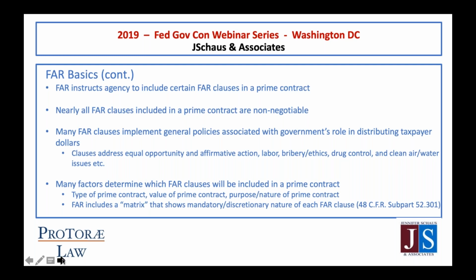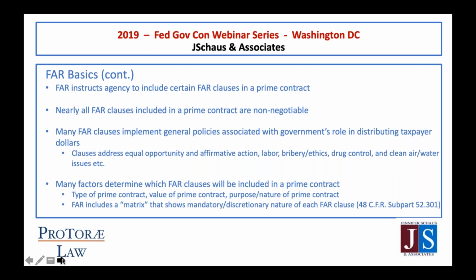Most FAR clauses implement general policies associated with the government's role in distributing taxpayer dollars. And when the government does that, it has an obligation under a number of federal laws to promulgate and support and advance various public policies.